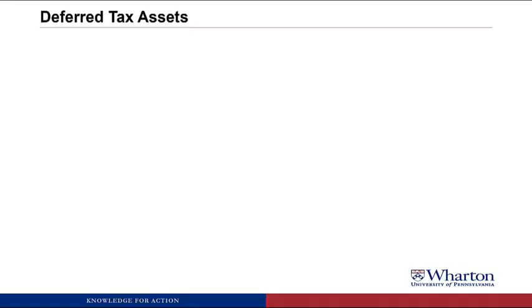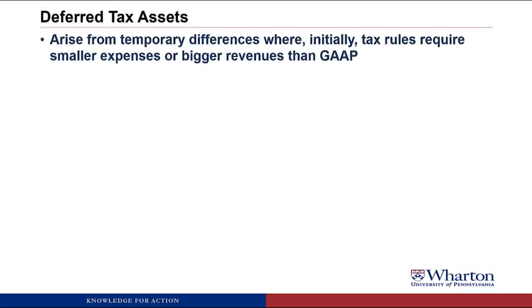Now we're going to continue our look at temporary differences with deferred tax assets. Deferred tax assets arise from temporary differences where initially tax rules require smaller expenses or bigger revenues than GAAP. So at the beginning of the transaction that creates the temporary difference, you have smaller expenses or bigger revenues on the tax return, which means that pre-tax income is going to be less than taxable income.